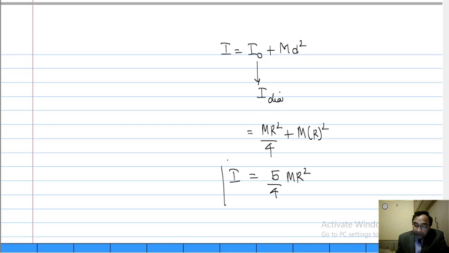This is the moment of inertia of a disk about a tangent contained in the plane of the disk. That is exactly how we can use the parallel axis theorem and perpendicular axis theorem for finding the moment of inertia about any axis which is oriented in a certain way with respect to the central axis.